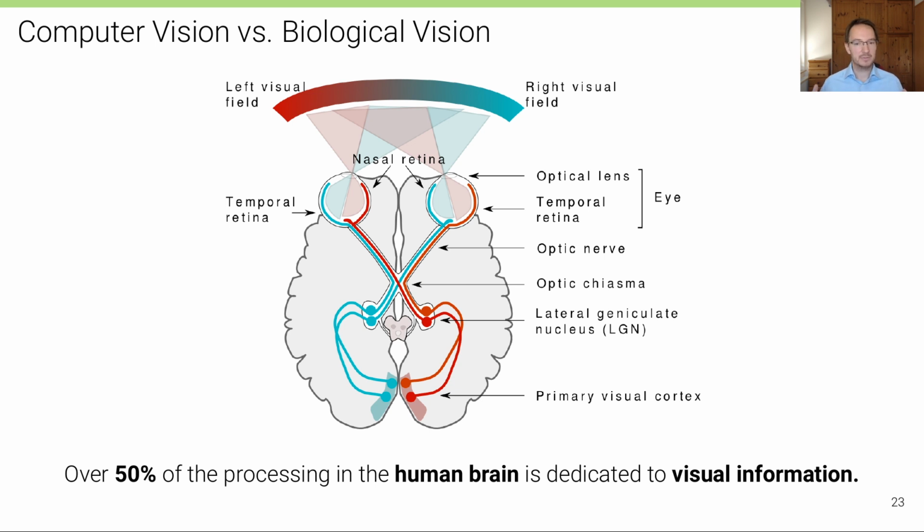In particular, many computer vision algorithms take inspiration from biological vision, and biological vision serves as a motivator for developing computer vision algorithms. In fact, over 50% of the processing in the human brain is dedicated to visual information, signifying the importance and the difficulty of the task that we have to solve if we want to replicate biological vision with a computer.